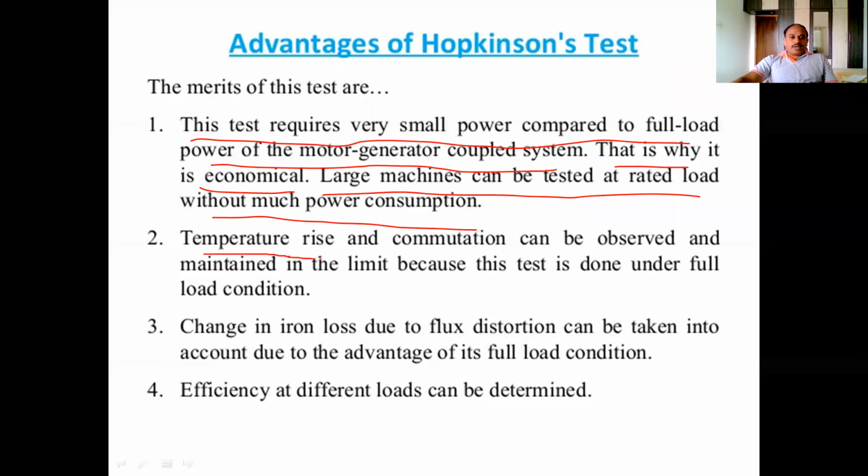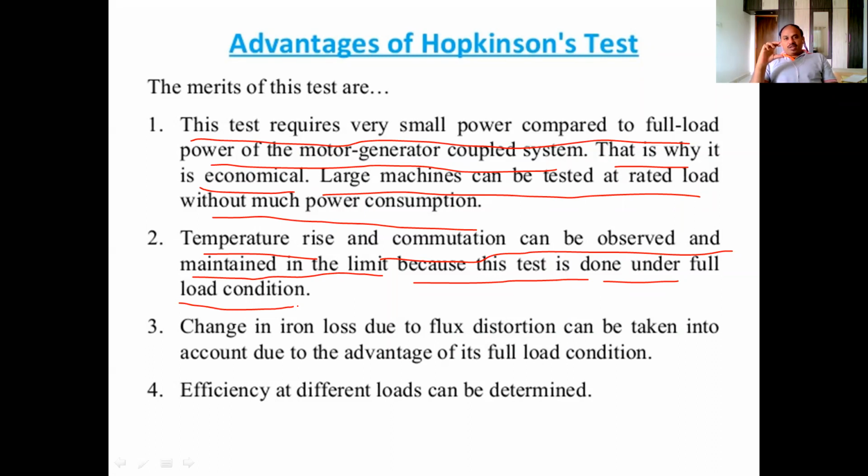Next, temperature rise and commutation can be observed and maintained within limits, because this test is done under full load condition. If you want to increase the load, the field current of the generator gradually increases, which means the terminal voltage of the generator gradually increases. Then power flows from generator to motor.